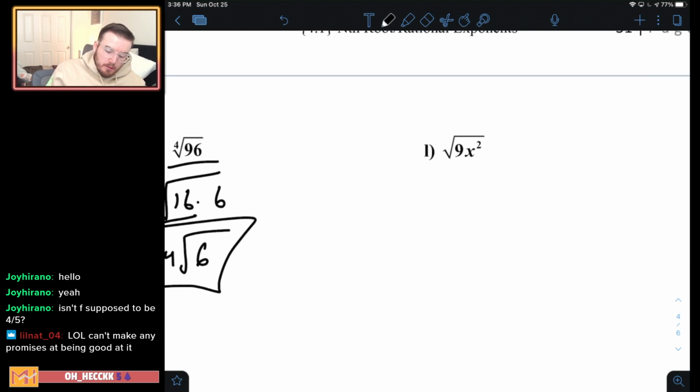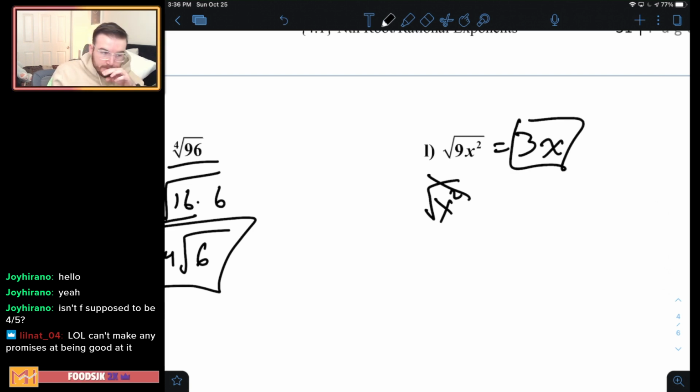Introducing a variable, I can take the square root of 9, which is 3, and what happens when I take the square root of x squared? They cancel, right? And I'm just left with x, so this is 3x. Another way to think of this, I don't mean to make it more difficult, but I just want to introduce the idea.